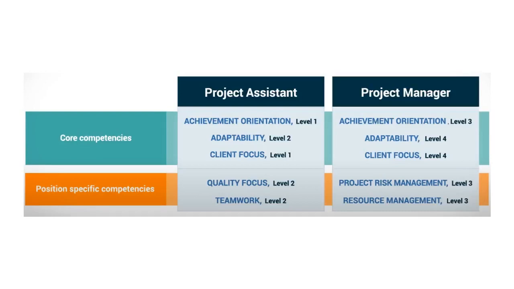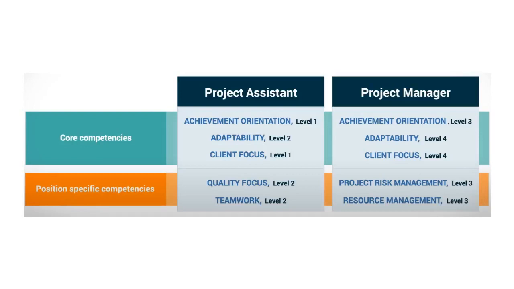Maybe to illustrate some competencies that we would require from an employee, we can say that for a project assistant, the achievement orientation will be level 1, as against a project manager, where the achievement orientation would be level 3, and so on.